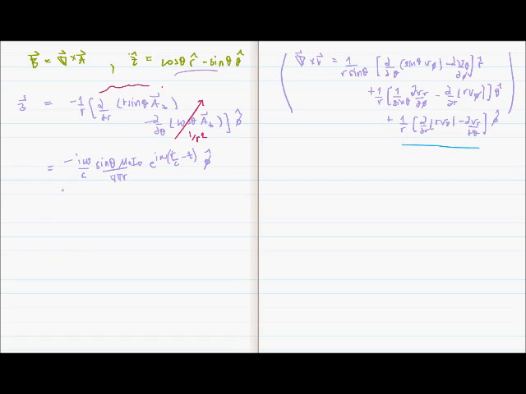Which gives us this, and I'm just going to assert the E field. We can check, if you're not convinced, that this is true by using the relationship here.